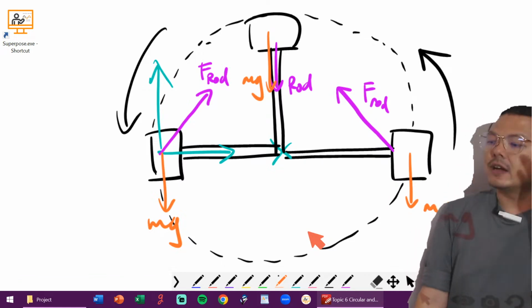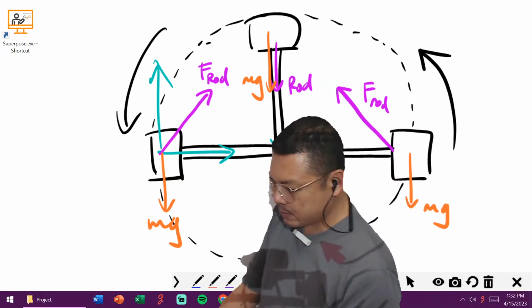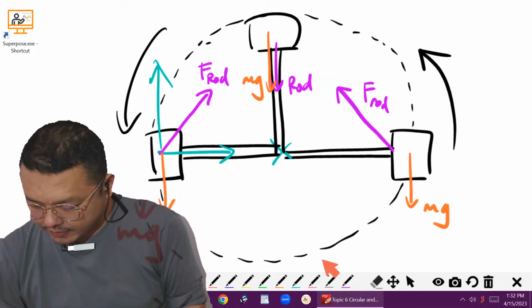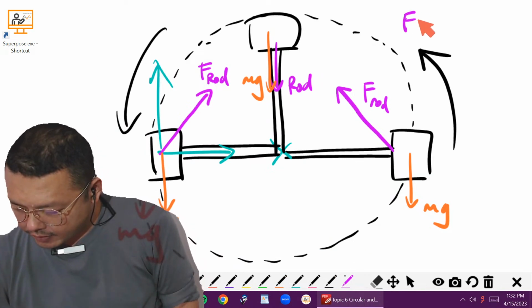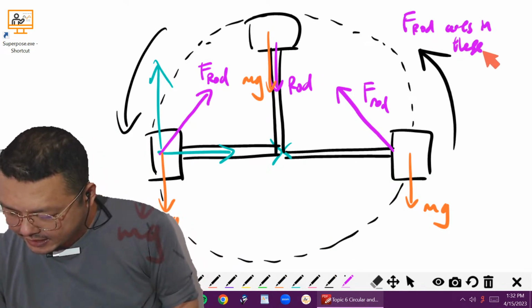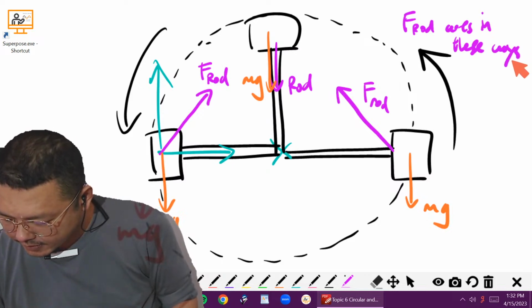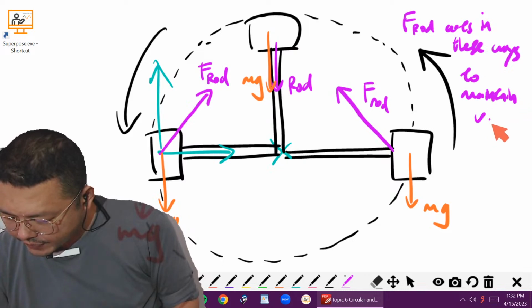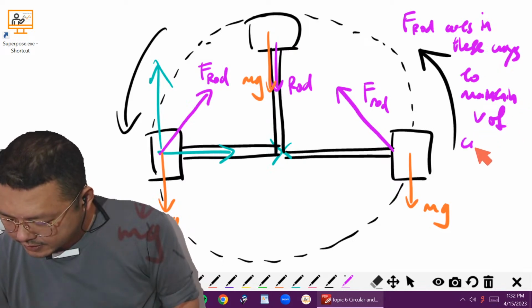What's the objective? The objective here is to maintain the speed. The force F rod acts in these ways to maintain v of circular motion.